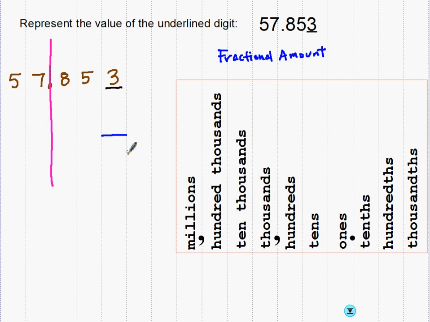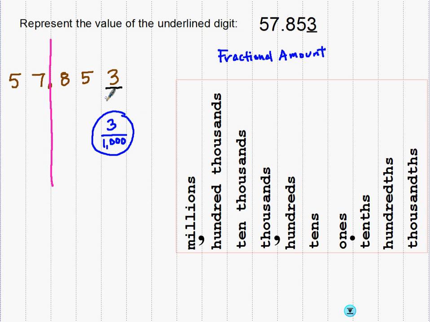A fraction in the thousandths would have a denominator of 1,000. And since we're talking about 3 thousandths, we'll bring our 3 right on down here. That would be the value of the digit 3 represented as a fractional amount.